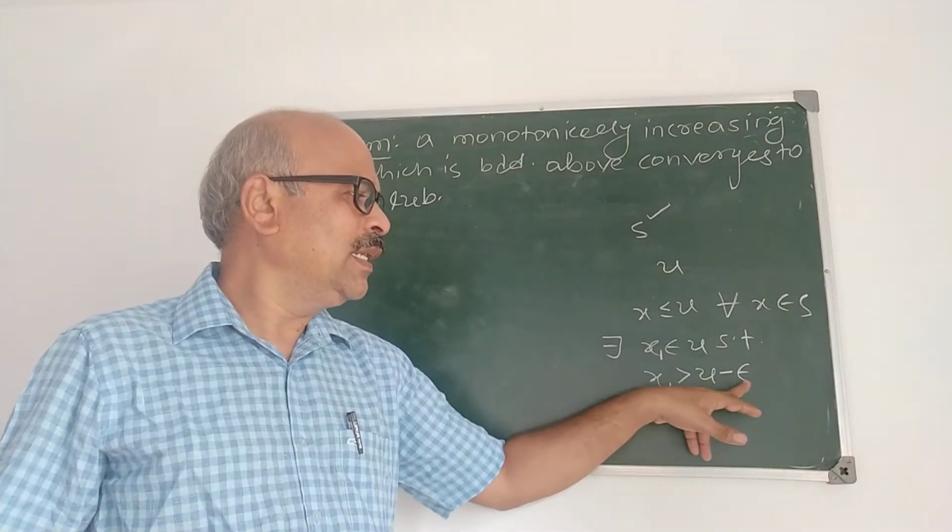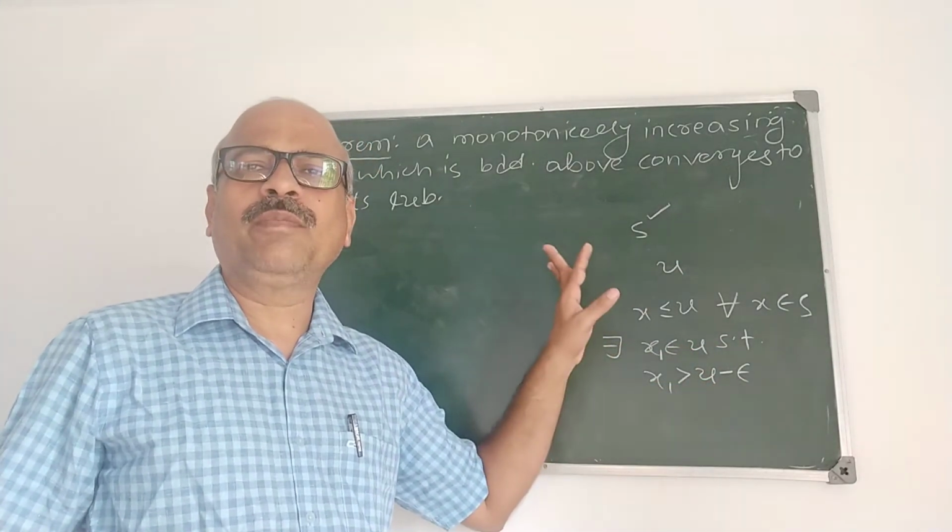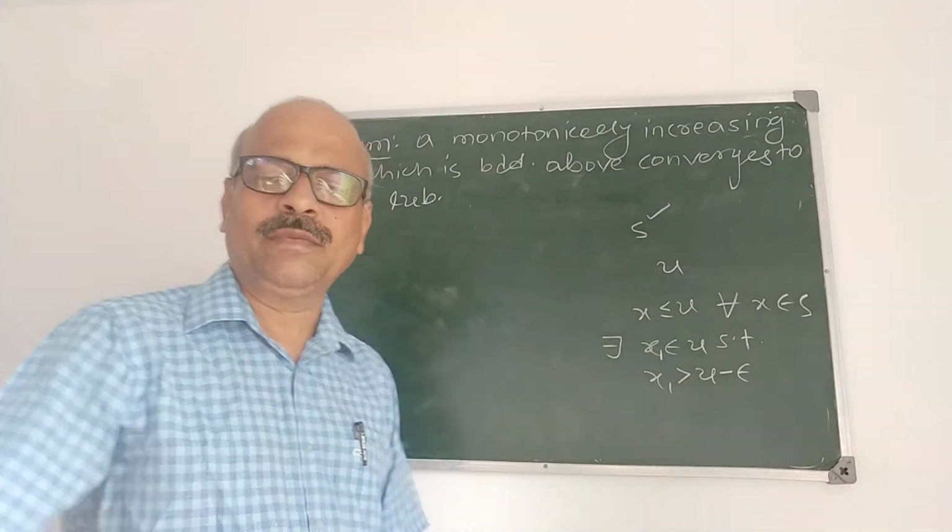Any number slightly less than U is not an upper bound. That is the definition.